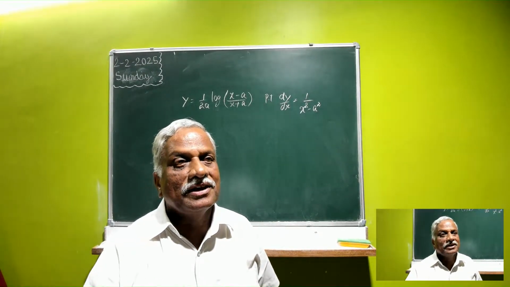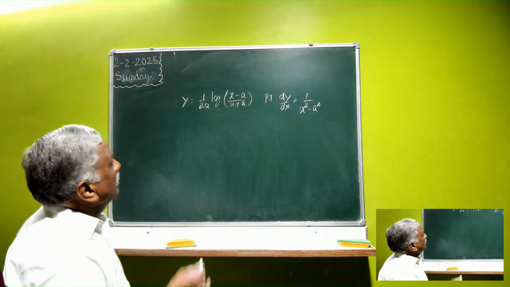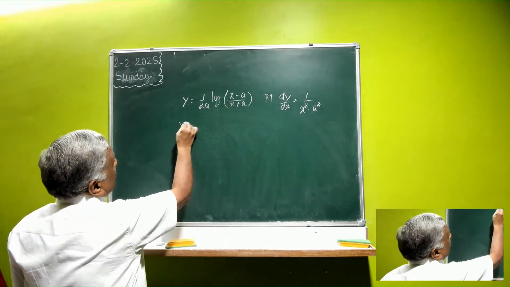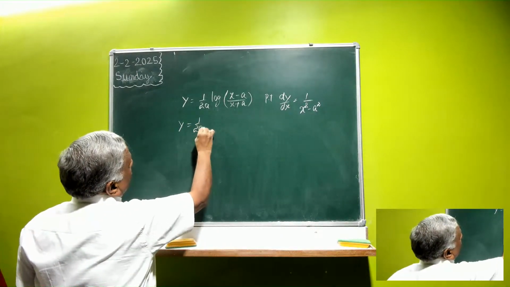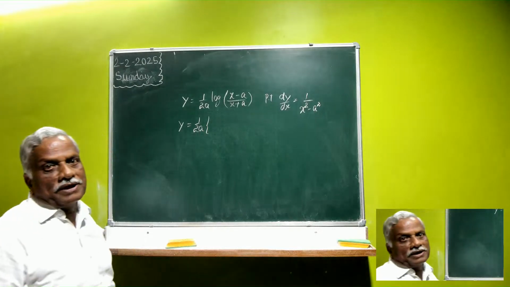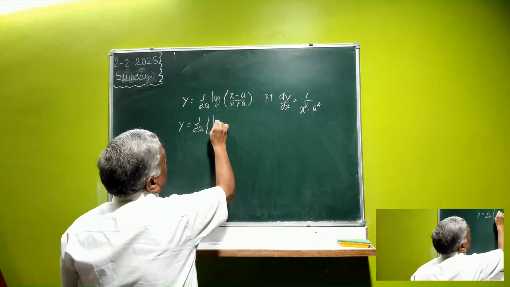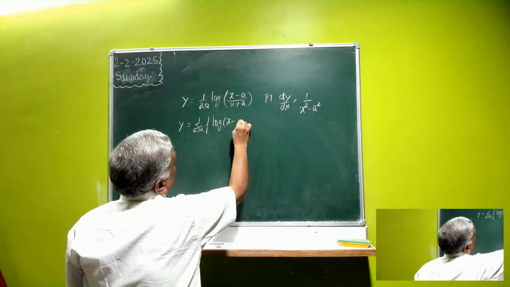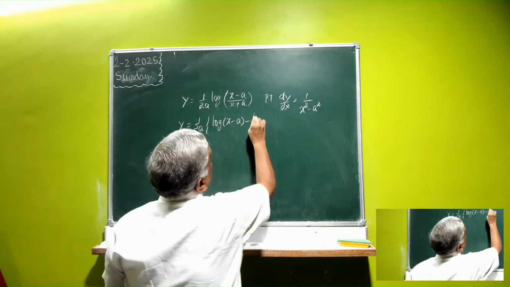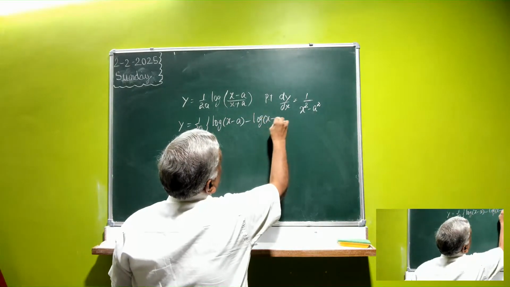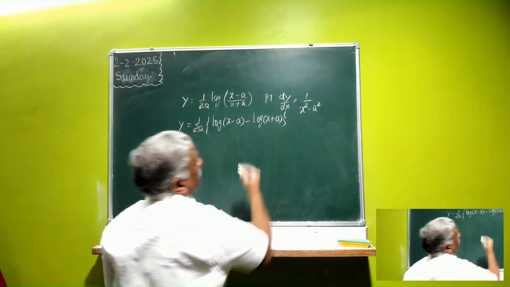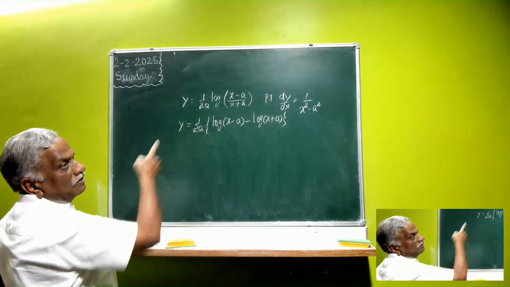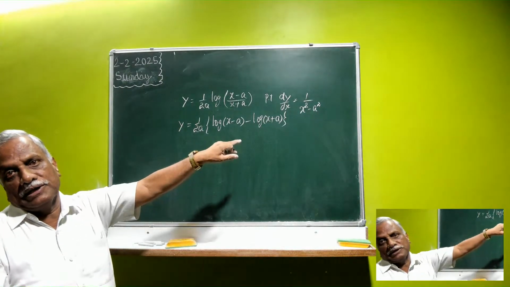That will help you in recalling. Okay. Now first step is we have to use the formula. 1 by 2a, log of m by n is log m minus log n. Log of x minus a minus log of x plus a. We have not done any differentiation. We are using the formula.